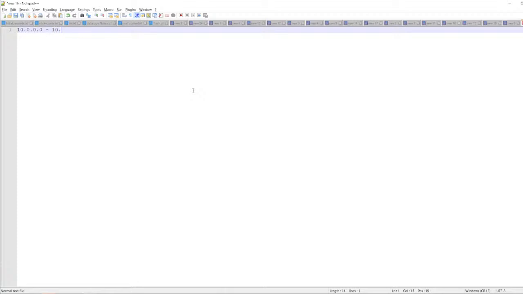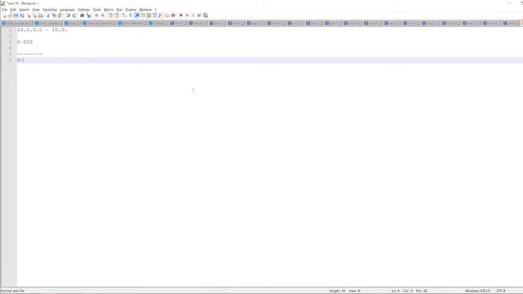You can write IP ranges like this. In a network, how many IPs are there generally? What is the range, 0 to 255? Why? Because how many bits are there in one byte? 8 bits.